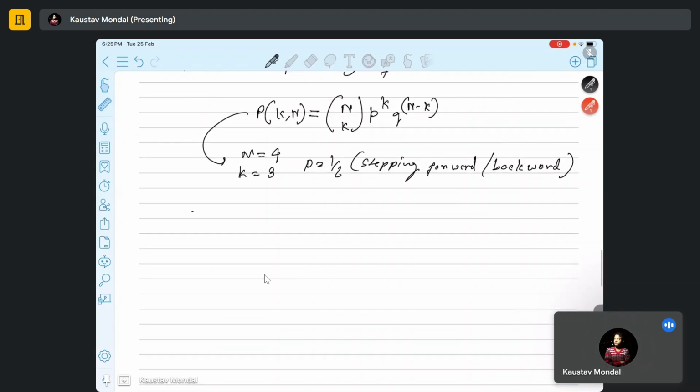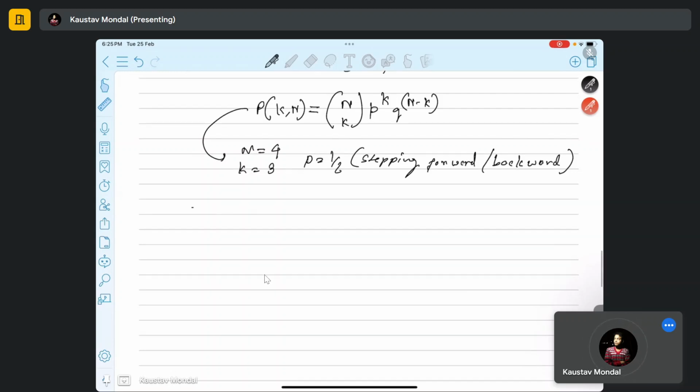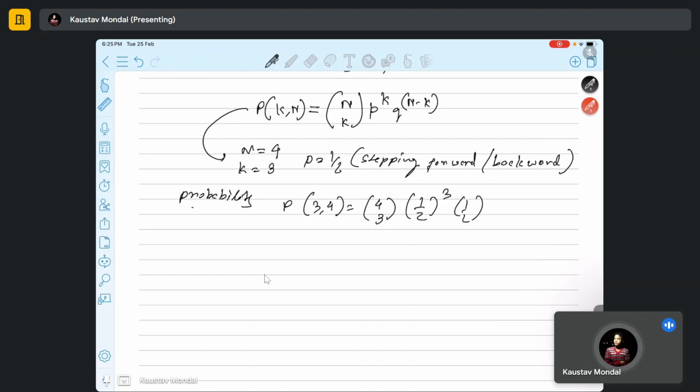So the probability will be p(3,4) equals 4C3 into half to the power 3 into half to the power 4 minus 3.